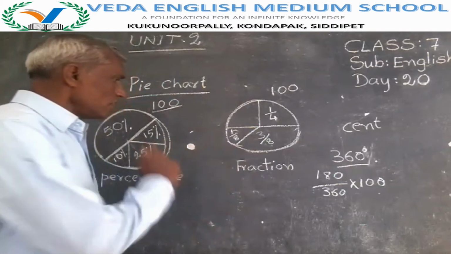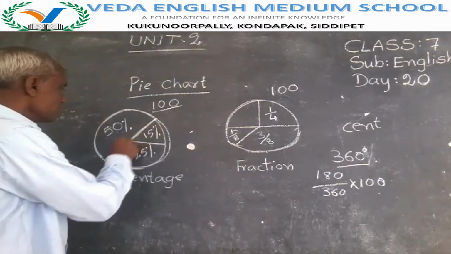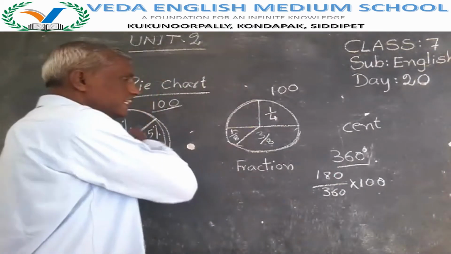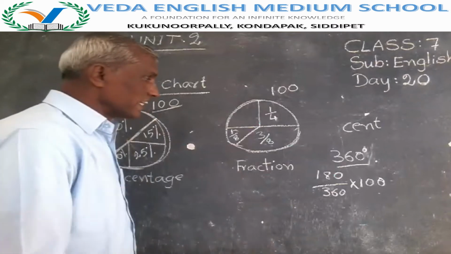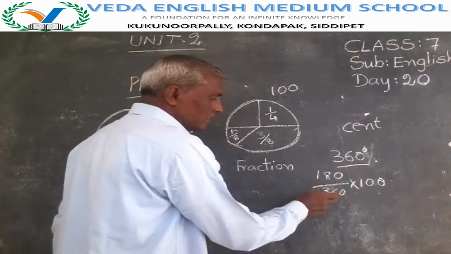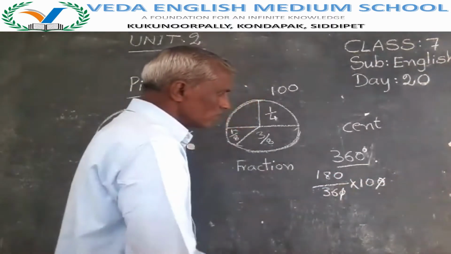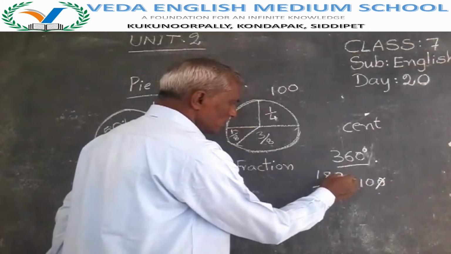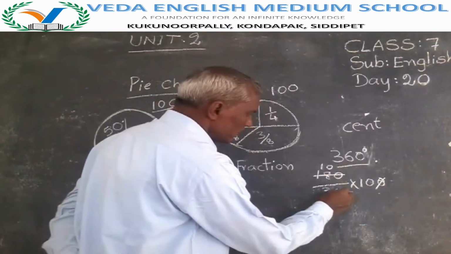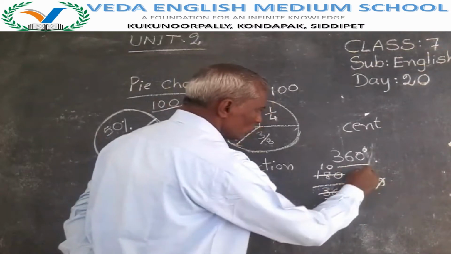So when you see the picture, for example, it is half. That means it is showing 180 degrees. So 180 degrees by 360 into 100. How much is it? 18 tens are 18, 2 ones are 2, 1 is 2 fives.